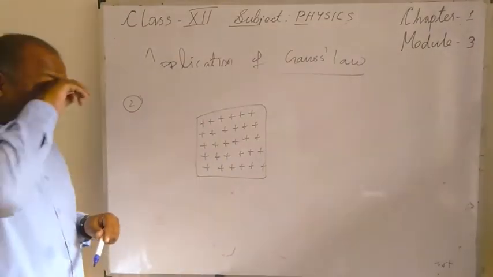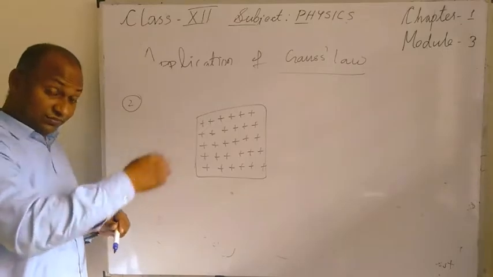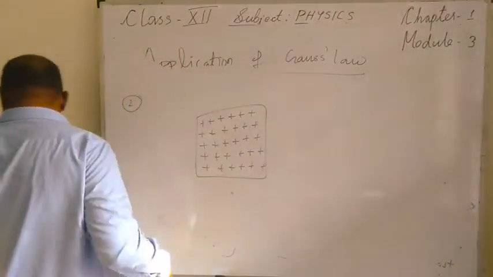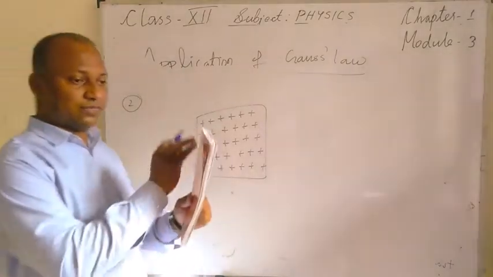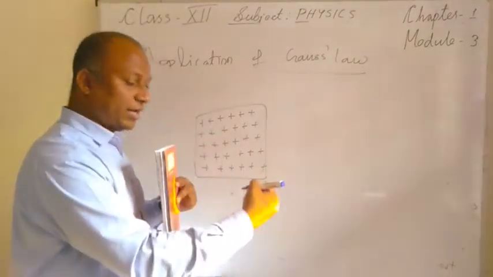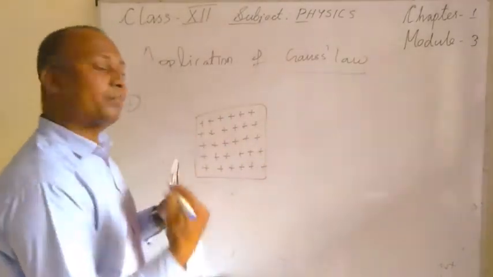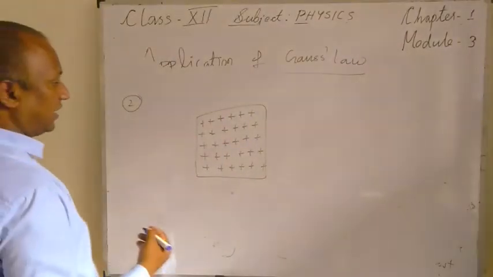And I'm going to find the electric field intensity at any point near it. So if this is a sheet, a lot of charges are there, and somewhere here, what is the electric field intensity?